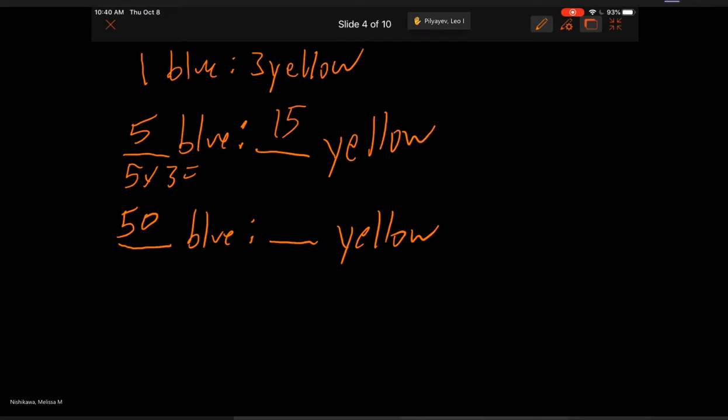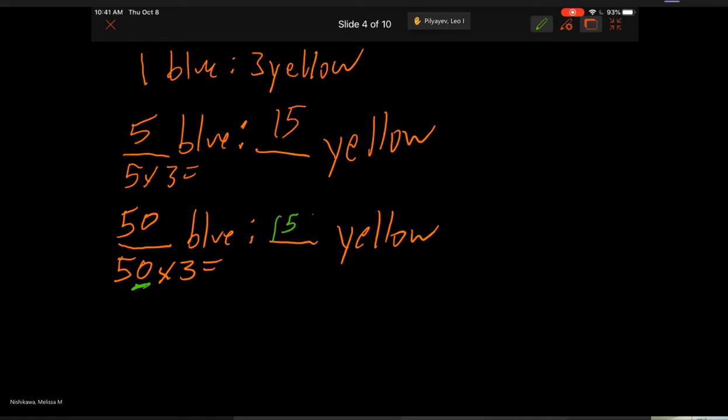Almost. So the equation we're going to use is 50 times 3. Whenever I'm multiplying and there's a number with a 0, I can ignore that 0 and just do 5 times 3, which I know is 15.